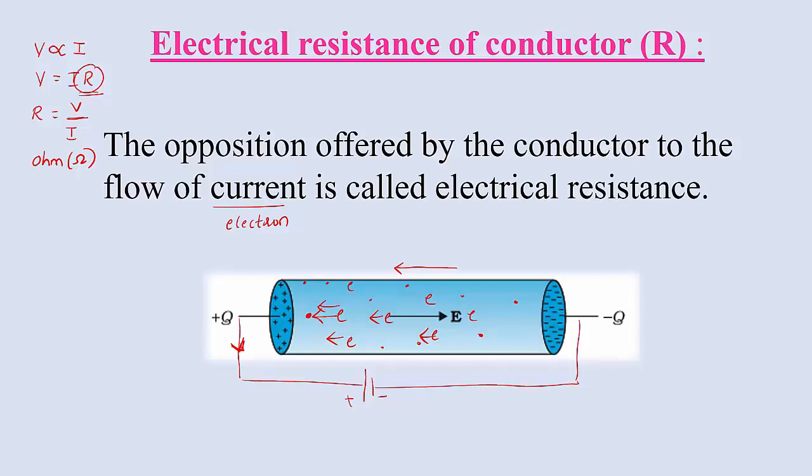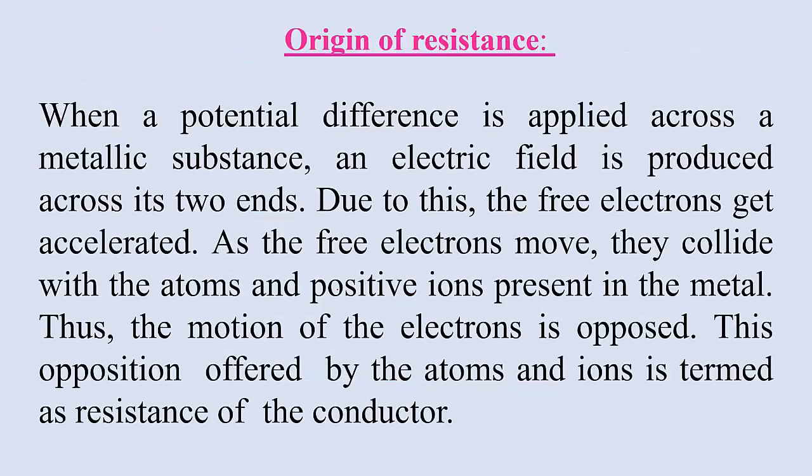So what is electrical resistance of a conductor? The opposition offered by the conductor to the flow of current is called electrical resistance. Is it clear? Observe here how the resistance occurs. What is the origin of resistance? When a potential difference is applied across a metallic substance, as I told you, you can observe this diagram.